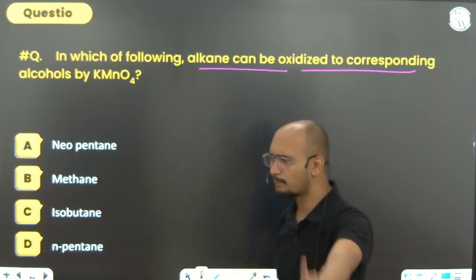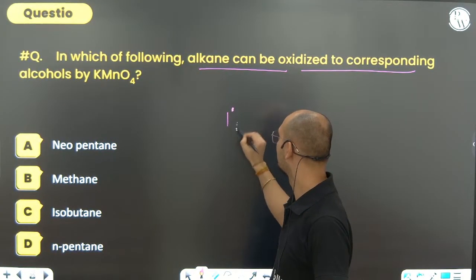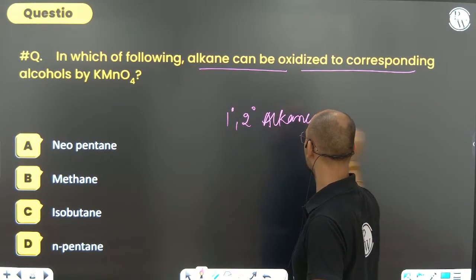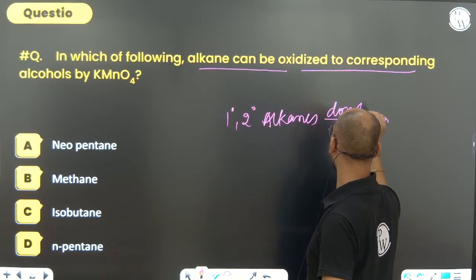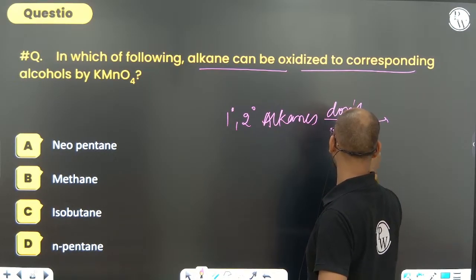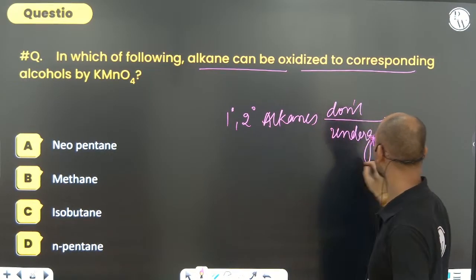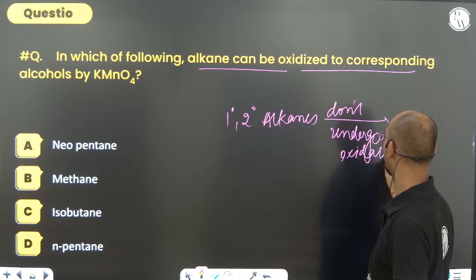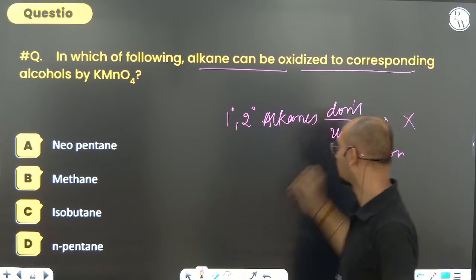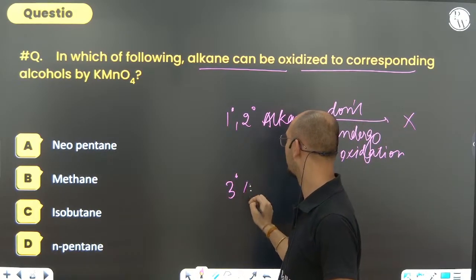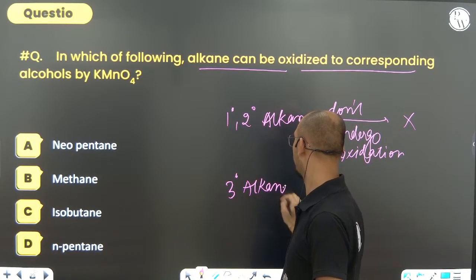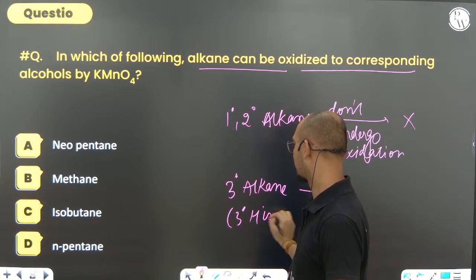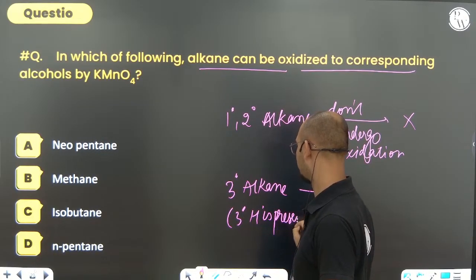First of all, please remember that 1 degree, 2 degree alkanes do not undergo oxidation. But 3 degree alkane, where there is 3 degree hydrogen present.